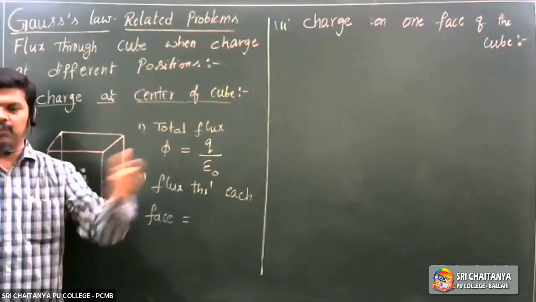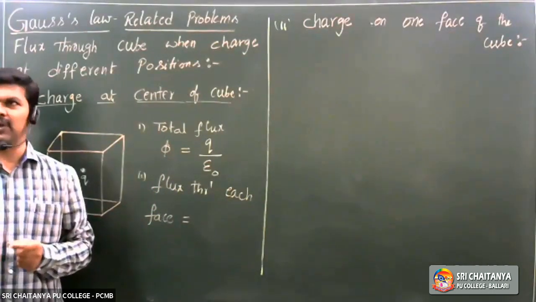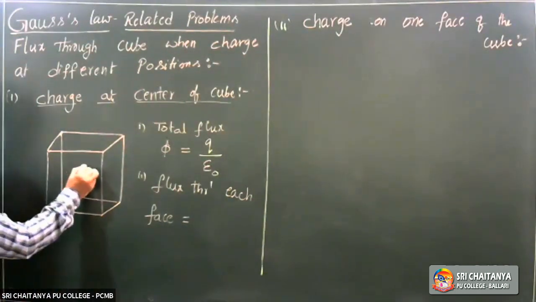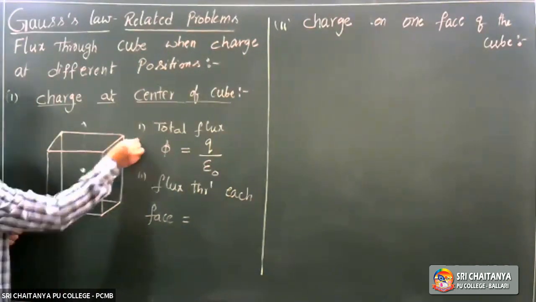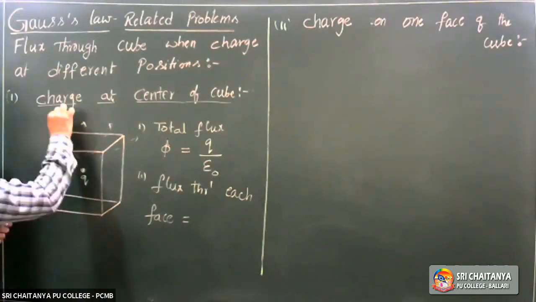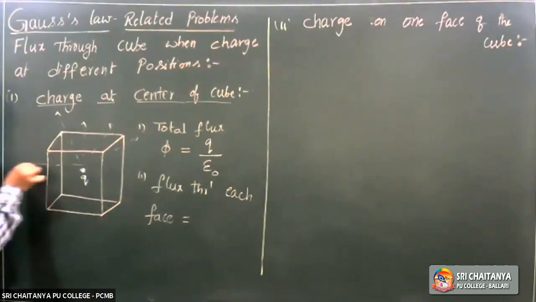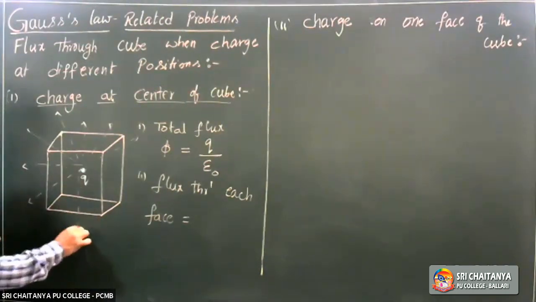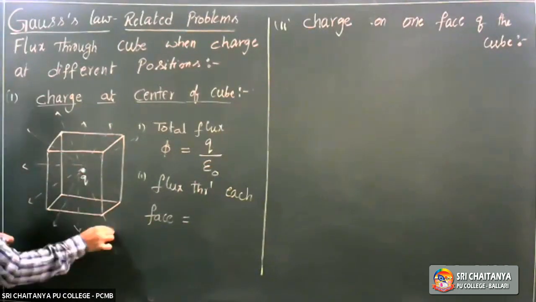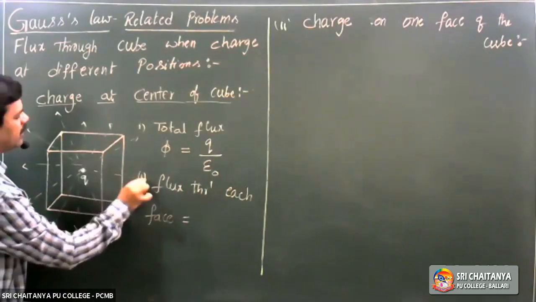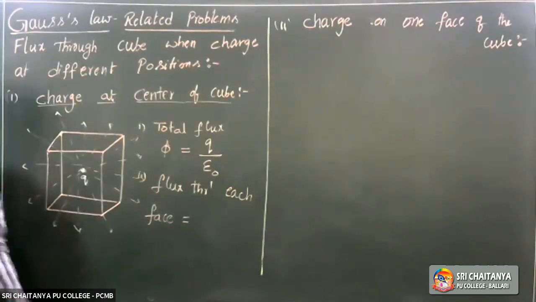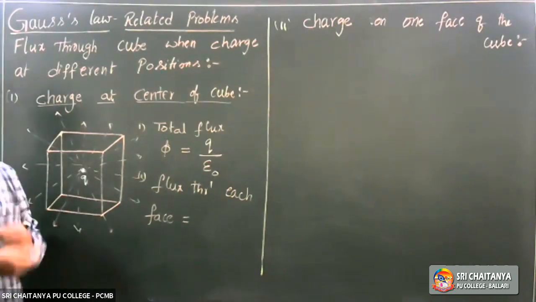It is just like a cube, with 6 faces. Whenever I place the charge at the center, flux comes out, and that flux passes through all the 6 faces. As it is exactly at the center, that flux is equally shared by the 6 faces.